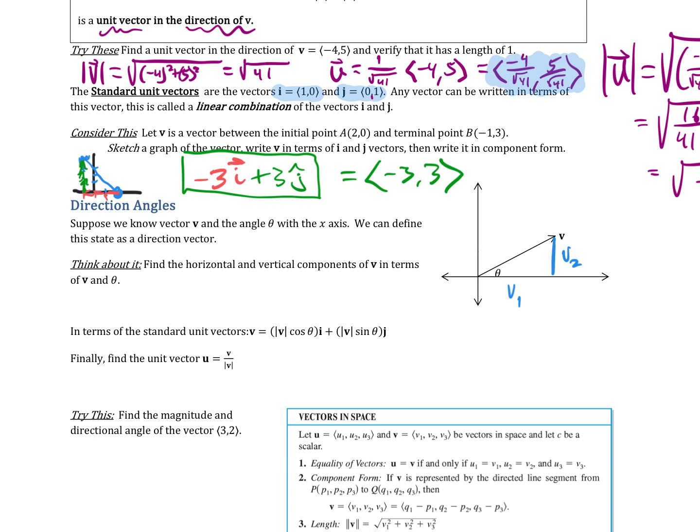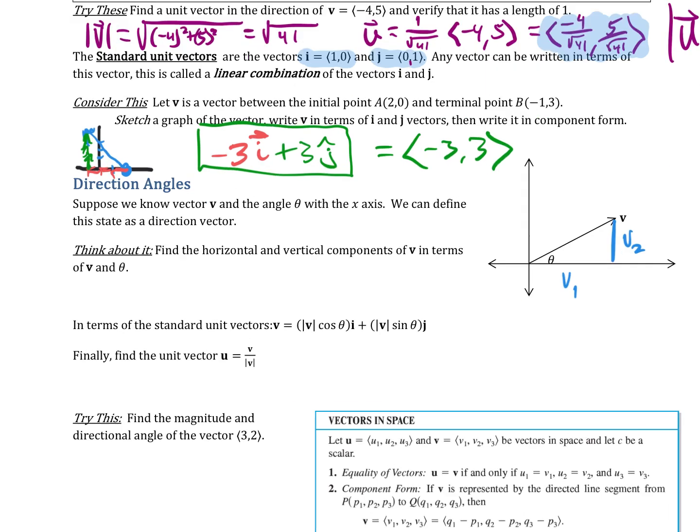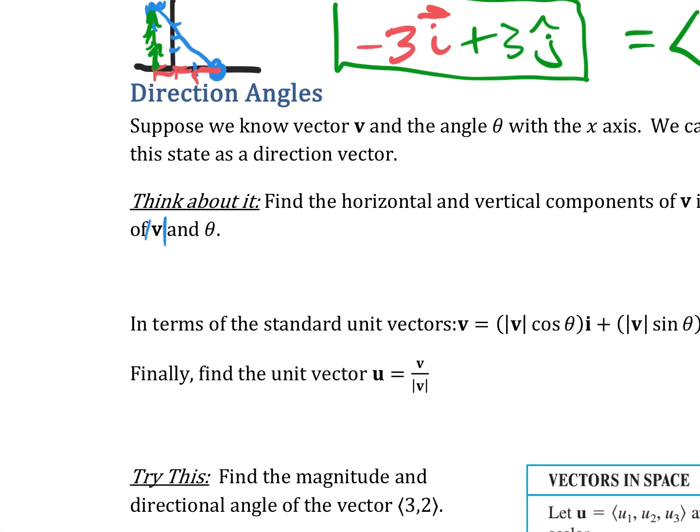And so if we want to find this, we can use some trigonometry. So think about this. How can we find V in terms of V and theta? Actually, this should be the magnitude of V, so let's put some absolute values around that.